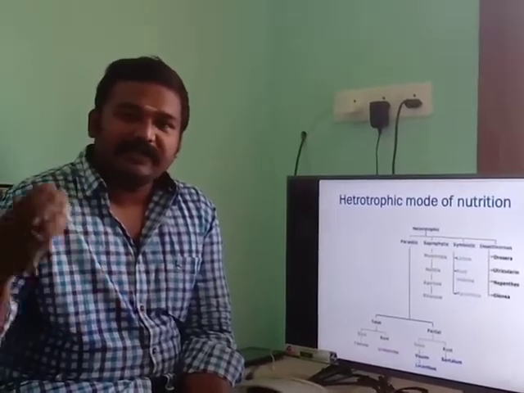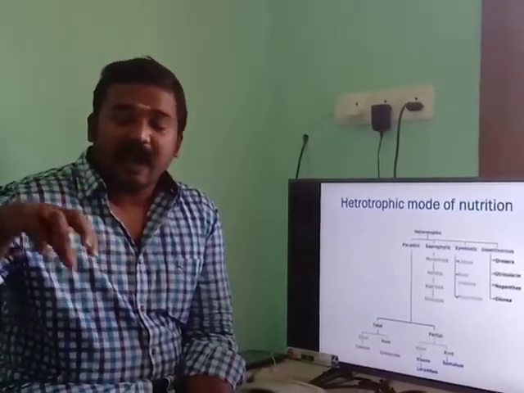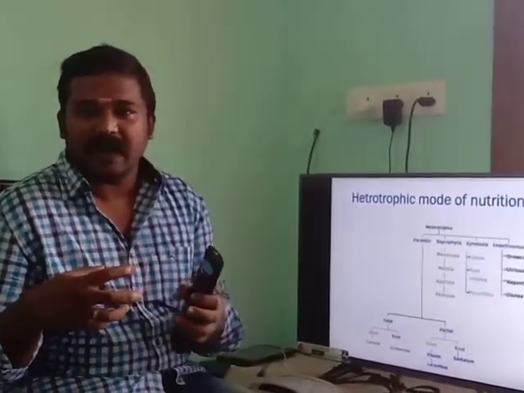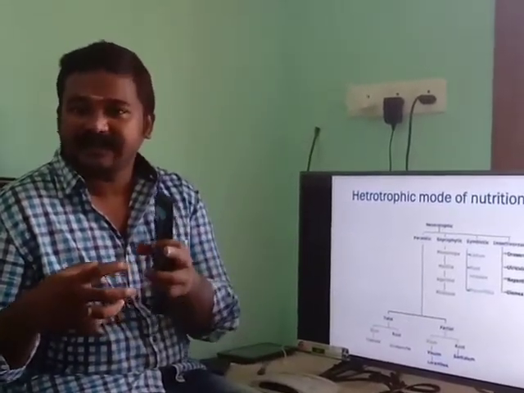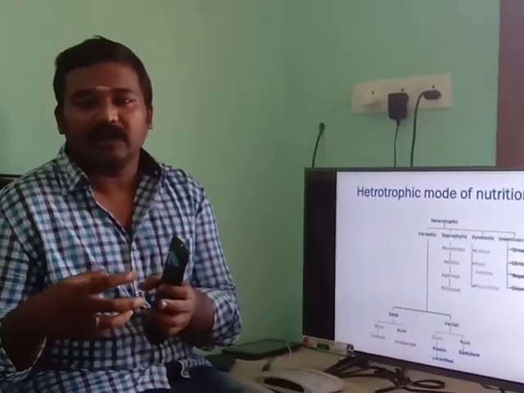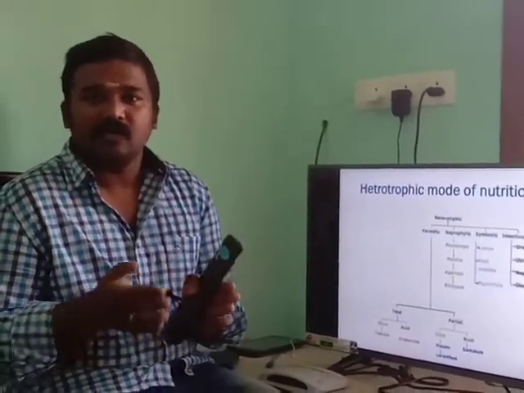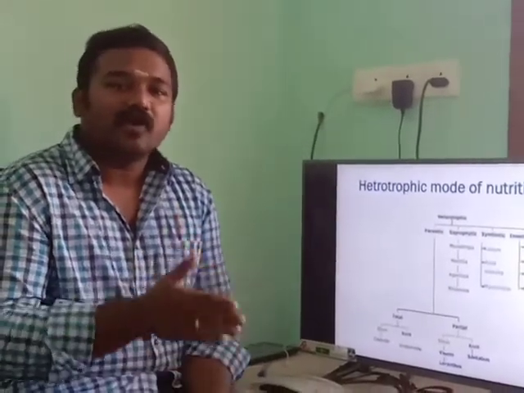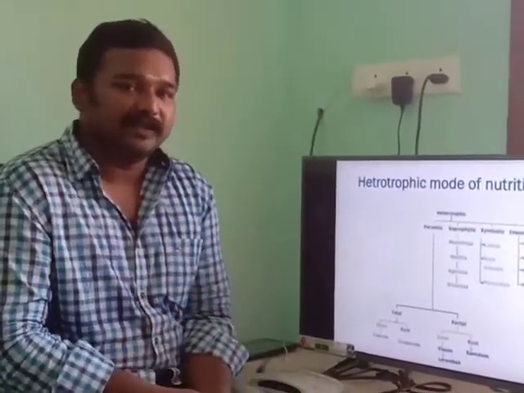What they will do is, algae will give the food for the fungi and fungi will give the shelter and water to the algae. So they will mutually help each other for coexisting in this world.